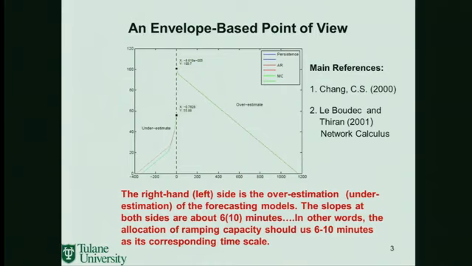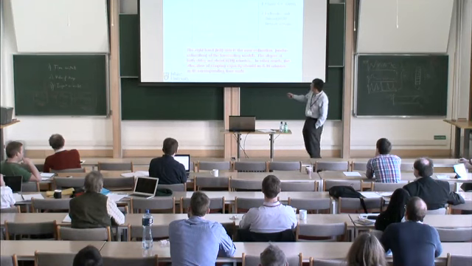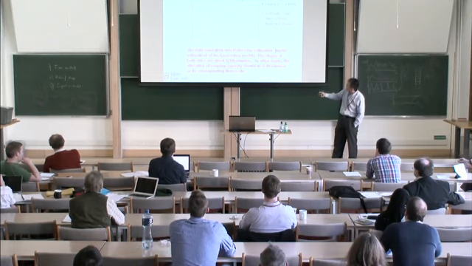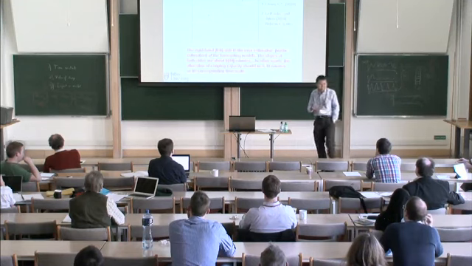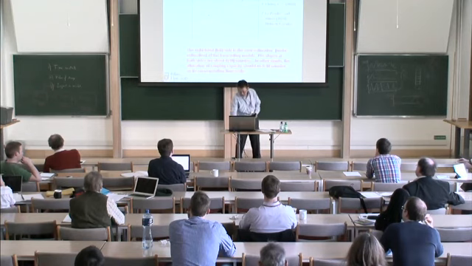So we can plot this, and in the picture, on the overestimate side, all the models perform almost identically, but if we look at the underestimation side, there could be some difference. So we can have a more refined evaluation of the forecasting error.